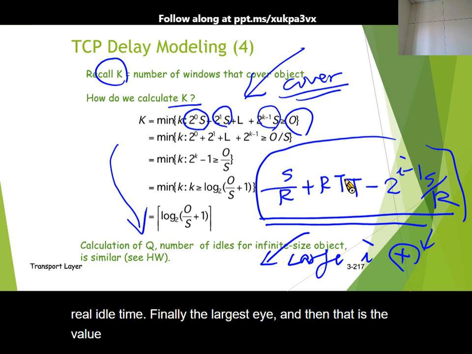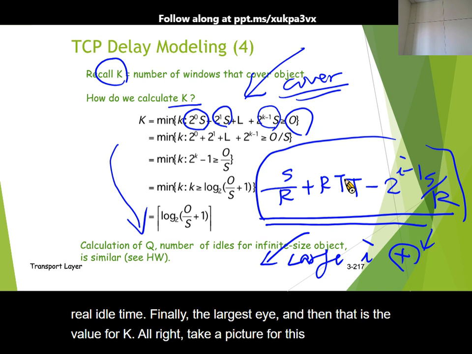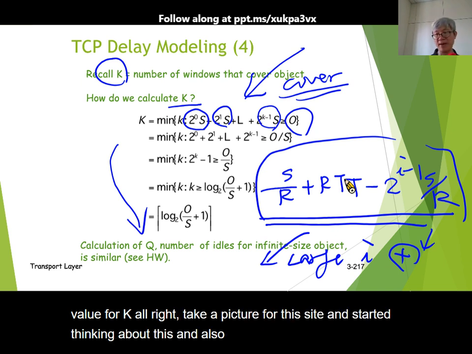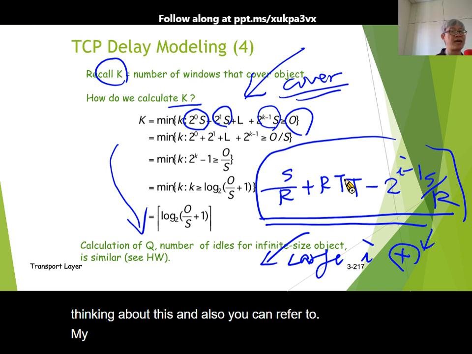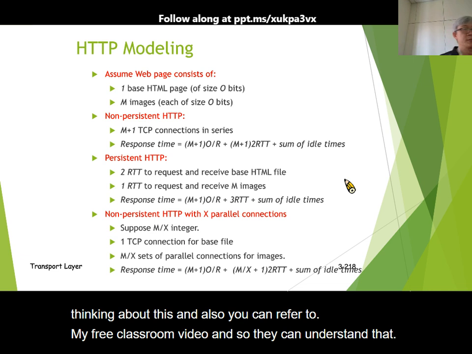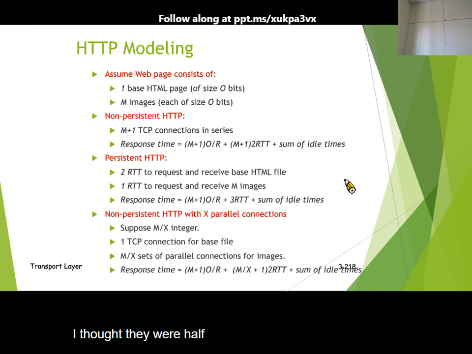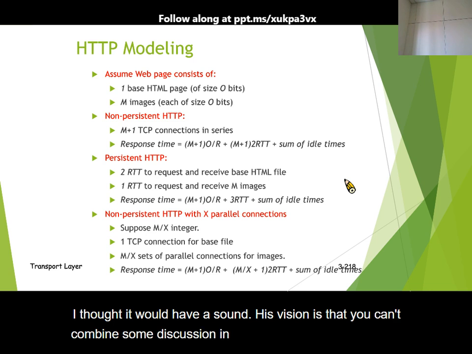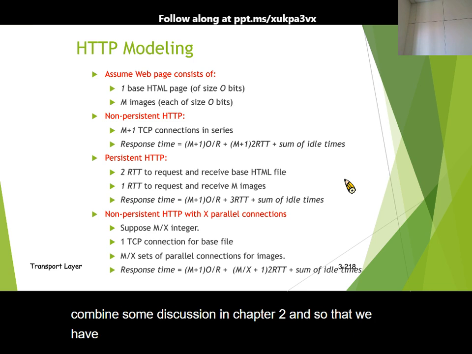Alright, take a picture for this slide and start to think about this. And also you can refer to my free classroom video, so you can understand that. And finally, we have some description. If you combine some discussion in chapter 2, then we have the formula for all the times given here.